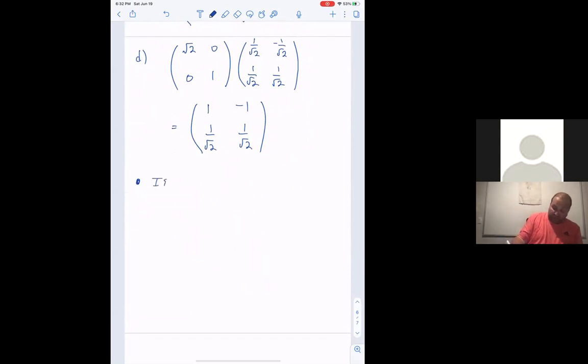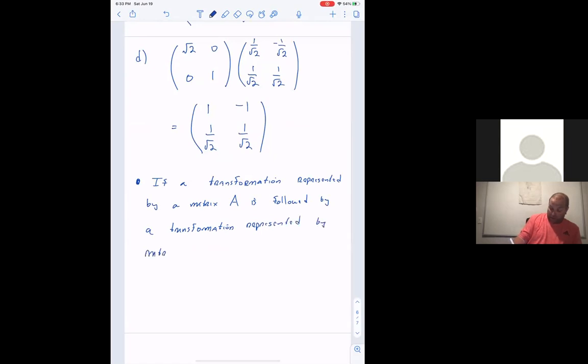It says, if a transformation represented by a matrix A is followed by a transformation represented by matrix B, then the single matrix that represents both is BA.